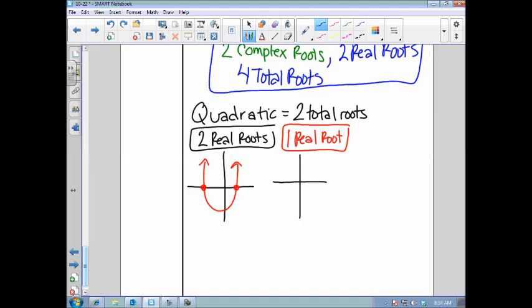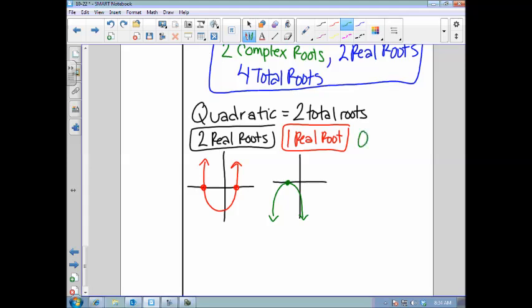It doesn't necessarily have to cross. Well, it's still going to be a quadratic, so it's still going to be this U shape. Does this touch the graph once? So that's how you could get one root, which is when you have multiplicities.